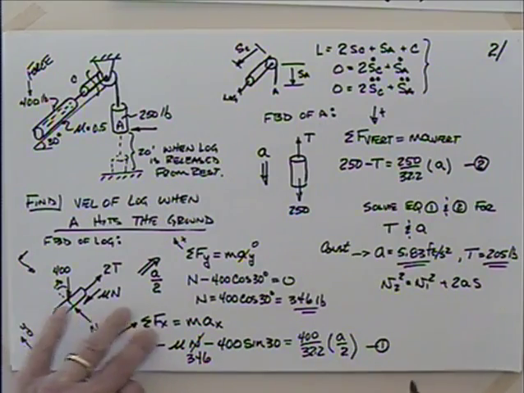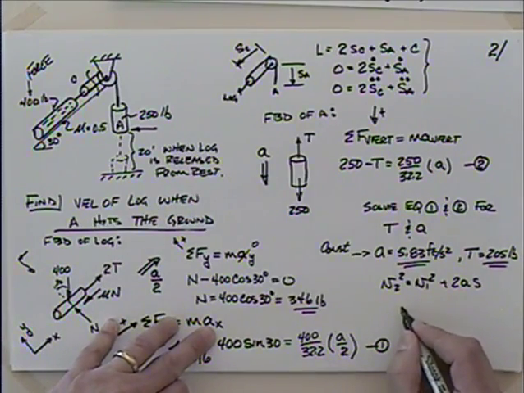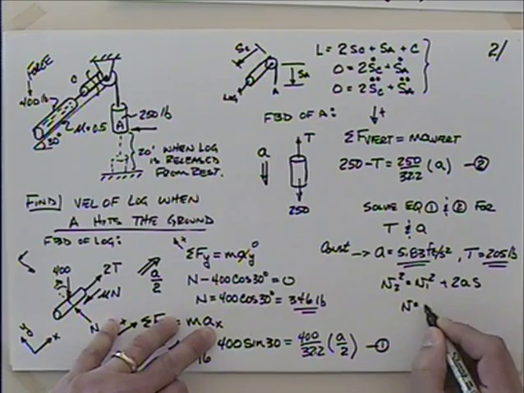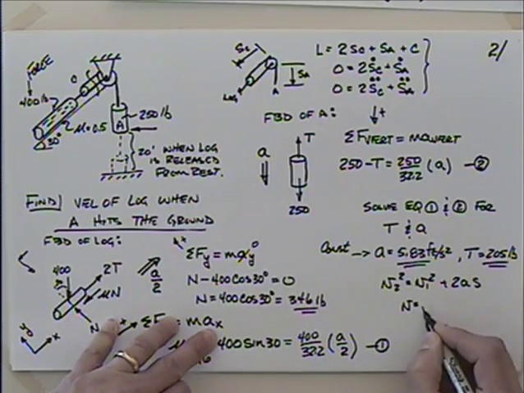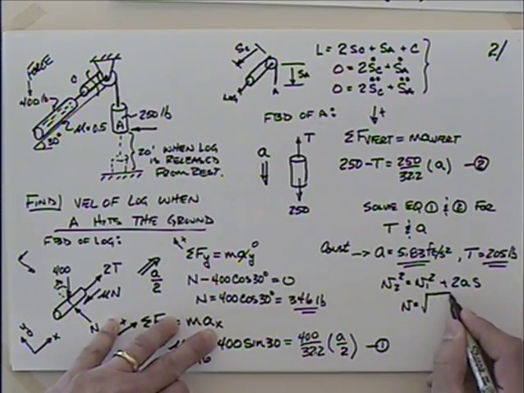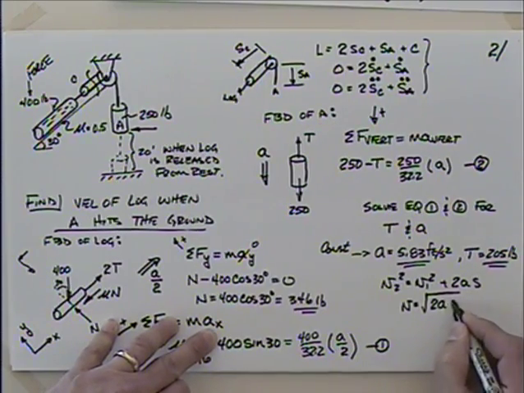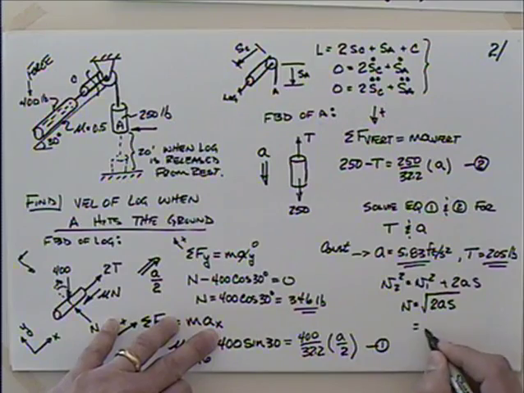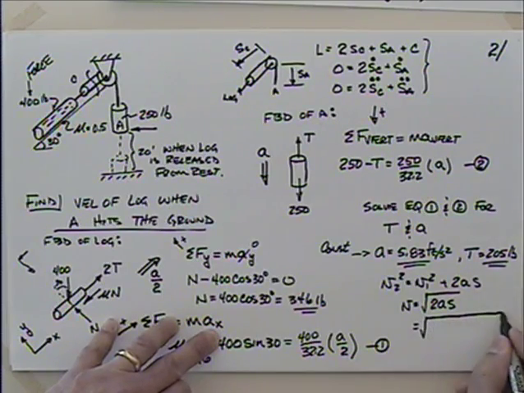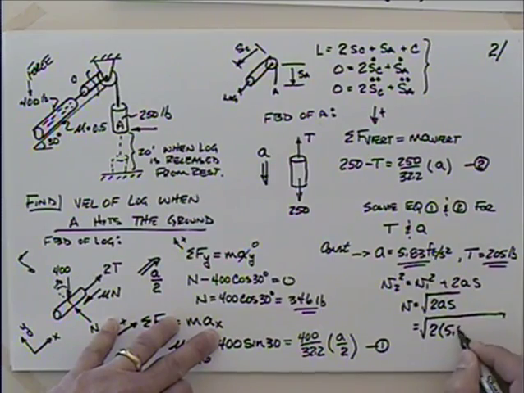So I could solve then and say that the velocity is really just equal to the square root of 2 times A times the distance s.